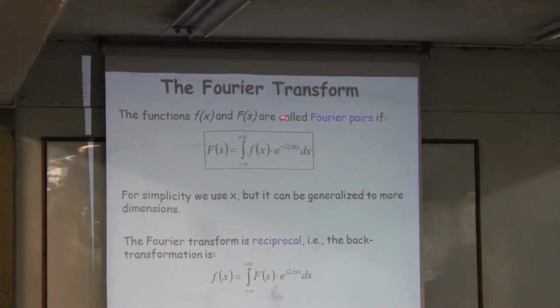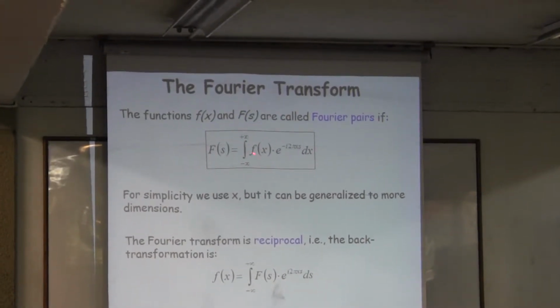Okay, that's the basic idea of Fourier transforms. You measure f of x, you do this computation, and you get this as the Fourier transform. Yeah? And now, s plays the role of frequency. This is something related to frequency.